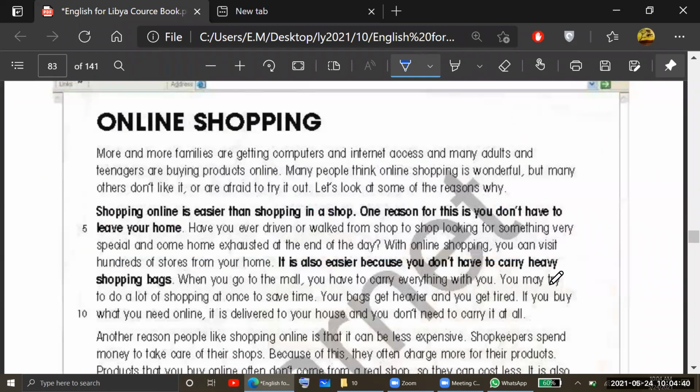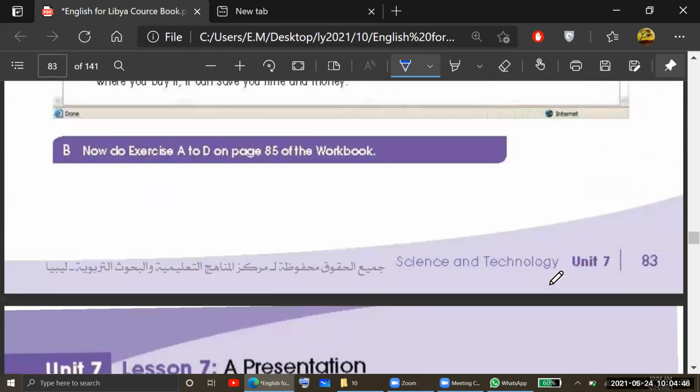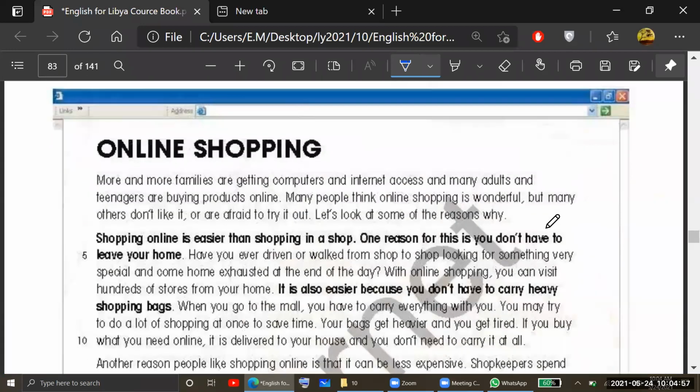Online shopping. More and more families, طبعا I'm reading on page 83. عم بقرأ بالصفحة 83. So more and more families are getting computers and internet access. This is easy. Internet access دخول إلى الإنترنت. And many adults, older people, not necessarily very old, but not teenagers.